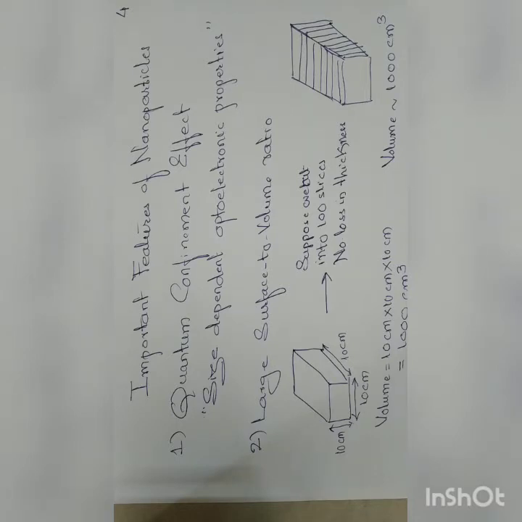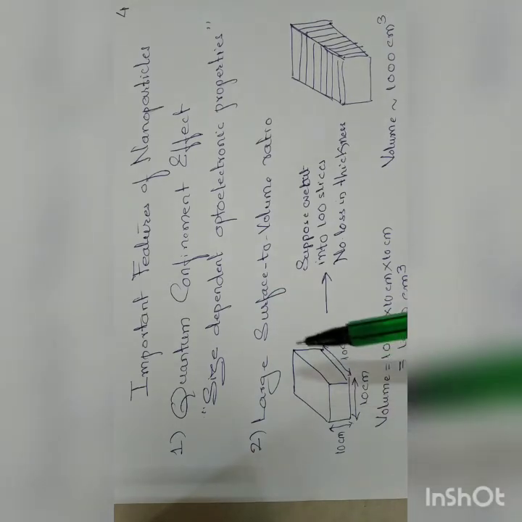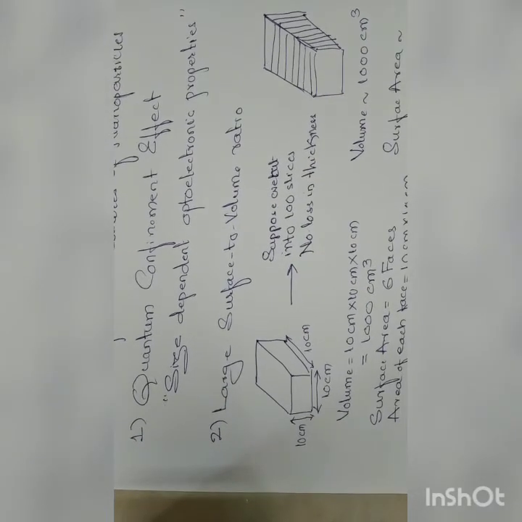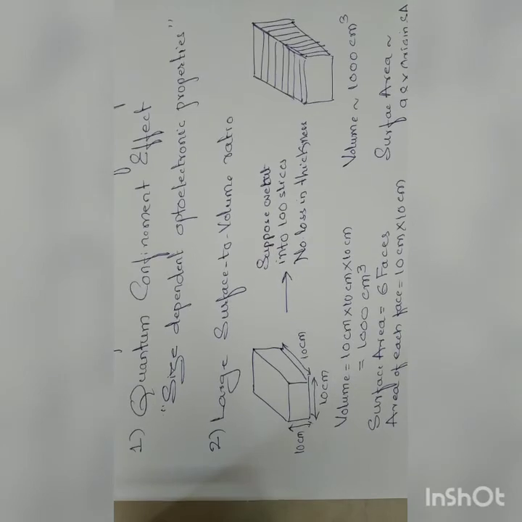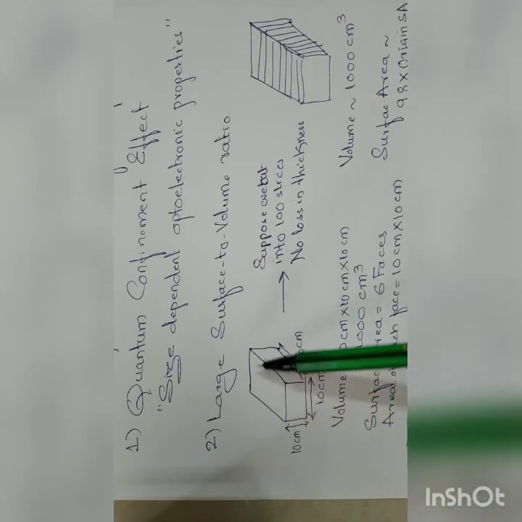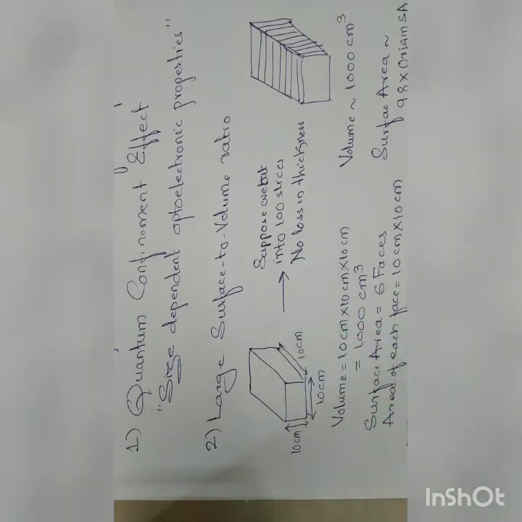Second aspect of nanoparticles that is quite important as the quantum confinement effect, is a large surface to volume ratio. Here I would like to just convince you with a simple example. What does it mean? Suppose you have a solid, one single piece of bread.